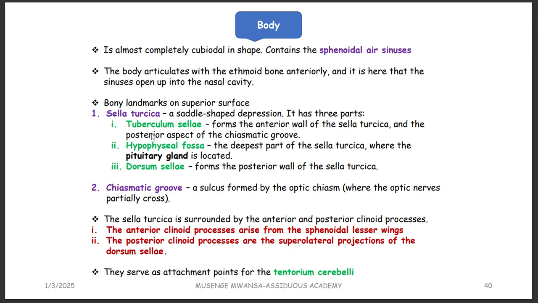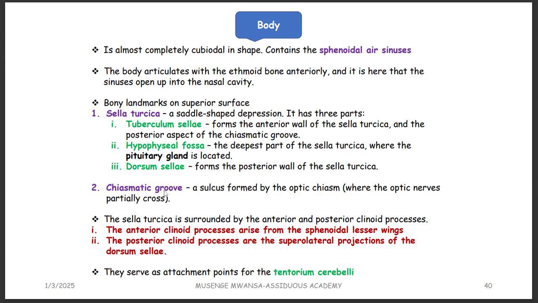Between the two, we have the hypophyseal fossa, also known as the pituitary fossa, where the pituitary gland stays. So in the exam, if they ask you the exact location of the pituitary gland, you are going to say the hypophyseal fossa, which is specifically found on the sella turcica, which is part of the body of the sphenoid.